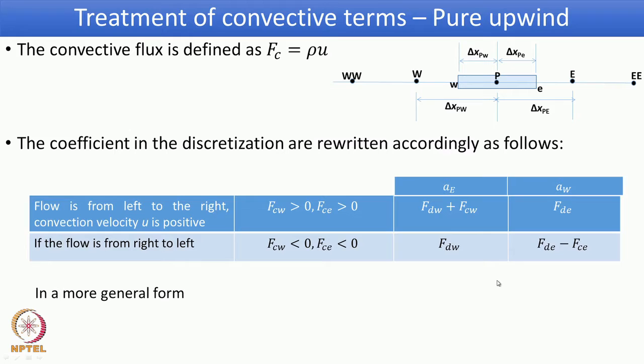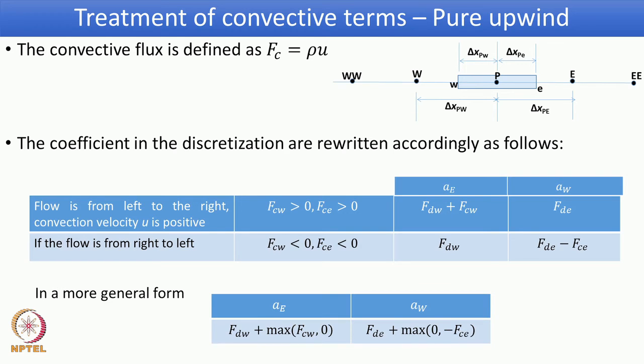So, in a more general form, to put these two things together, because in a code you will have only one line representing all the situations, we write A w as F d w plus max of F c w comma 0.